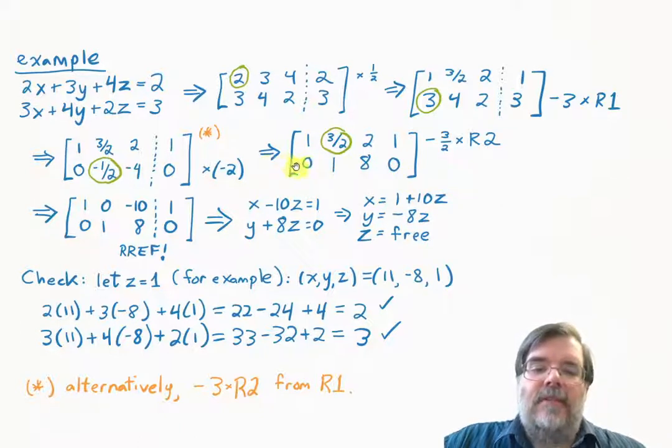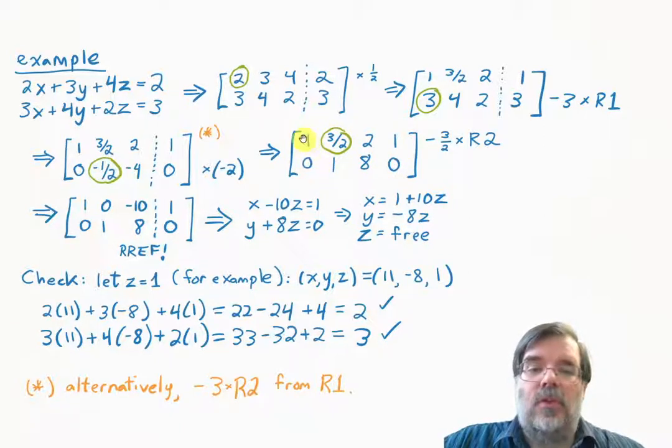And finally, I'm going to change this number into a 0 by subtracting a multiple of the row right above, the one with the 1. So I can subtract 3/2 times the numbers in row 2.